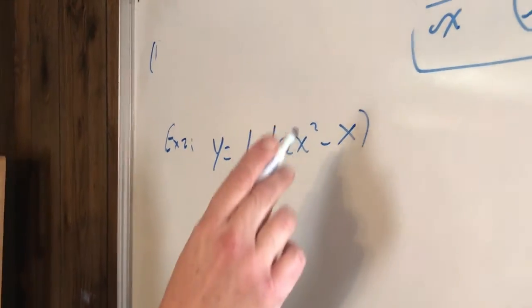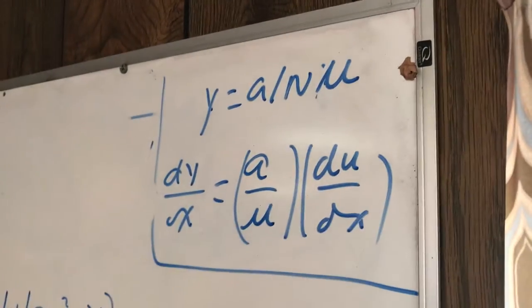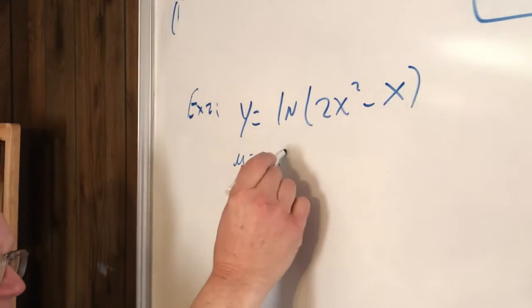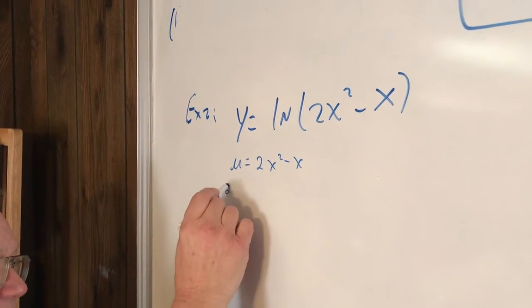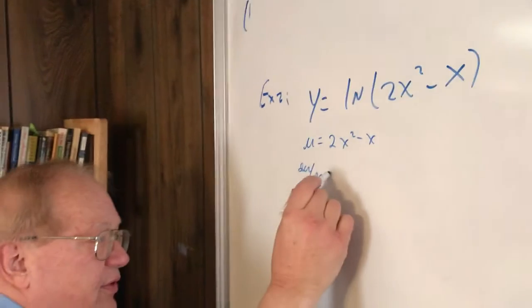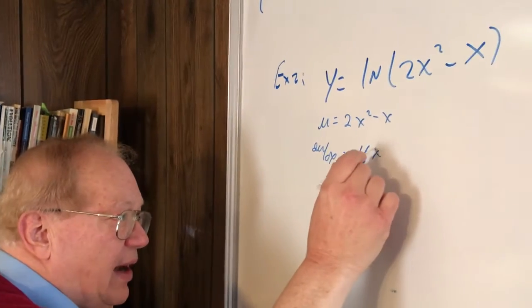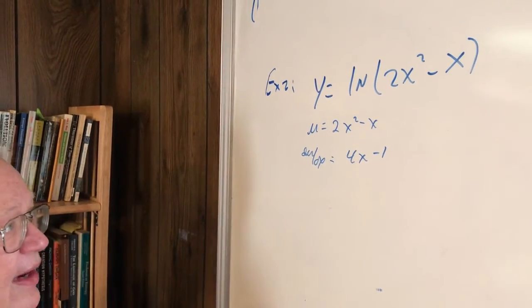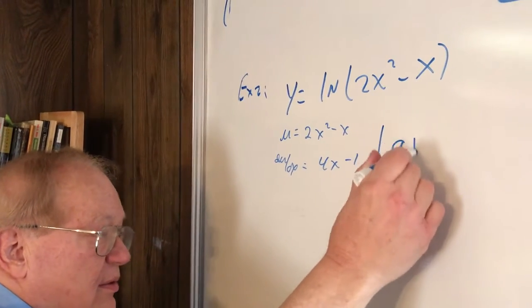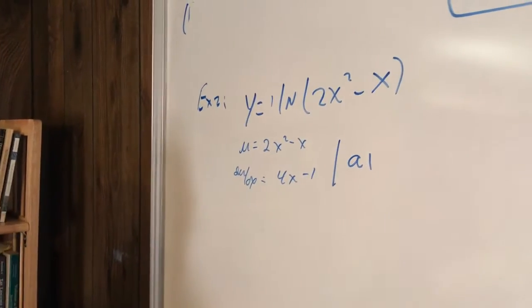Well, using the log rule up there, we let u equals 2x squared minus x. Taking the derivative with respect to x is 4x minus 1. And of course here a is still 1. There's a 1 outside here.